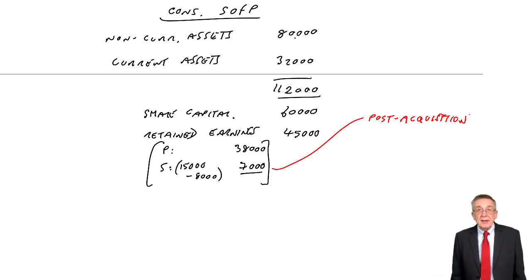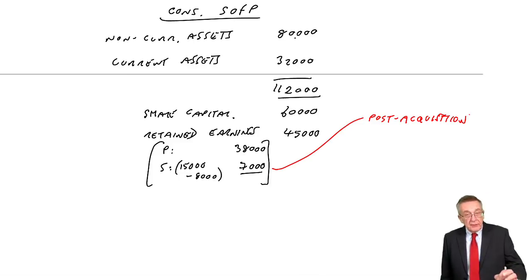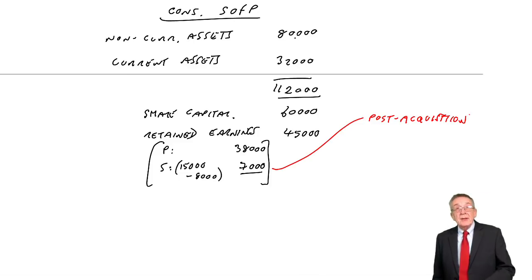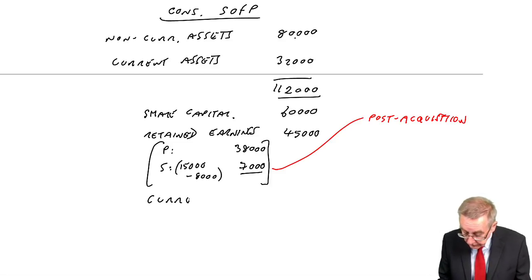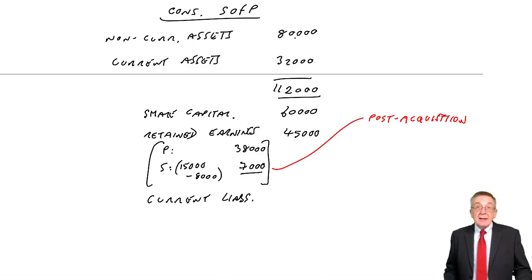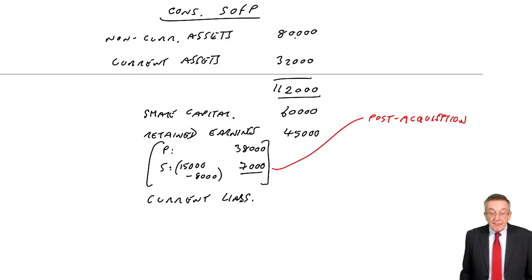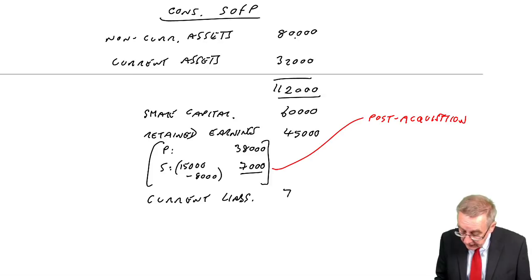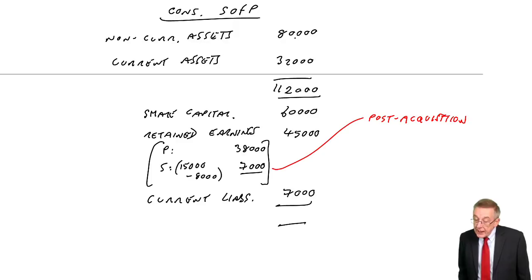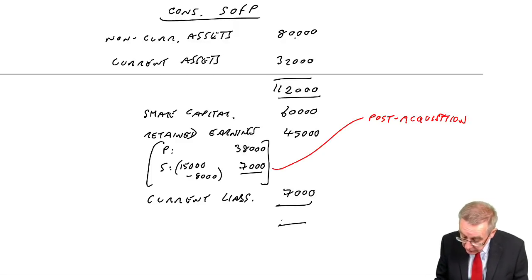We just bring in the 45,000. But it's all of P's plus the post-acquisition earnings of S. Finally, there are current liabilities. Add them up. For the big company, the total 3,000 plus 4, 7,000. Does it check? 60, 105, 112,000.